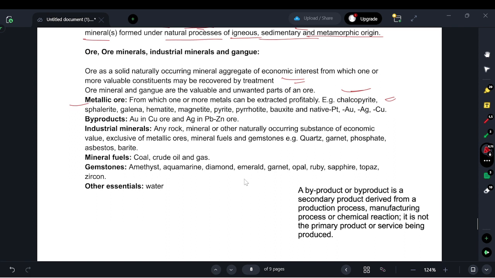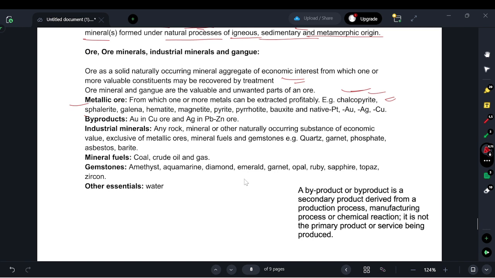Okay, very good, Gaurav. So yes, we use chalcopyrite to extract copper. Similarly for sphalerite, galena, hematite, you should remember all of these, what we extract from these ores.